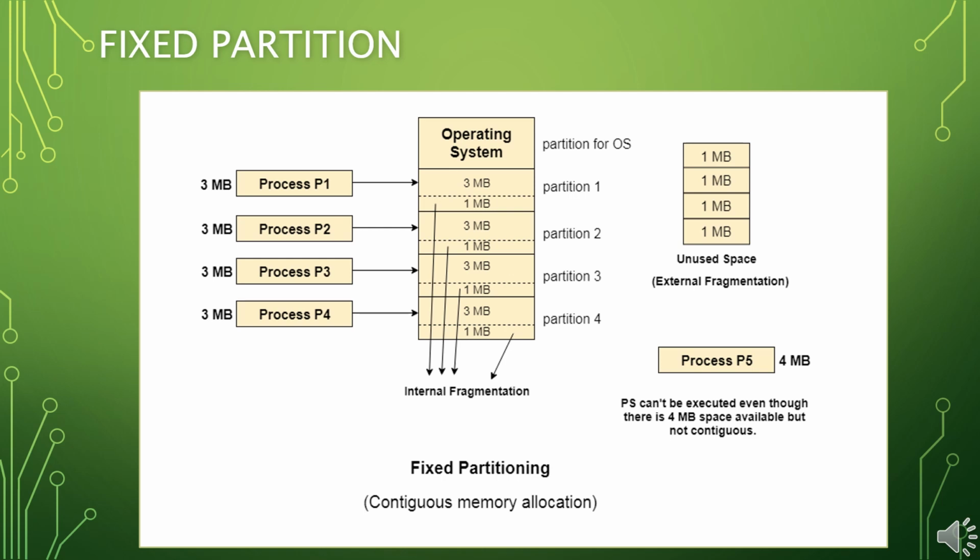Fragmentation basically means wastage of memory, and it is wasted internally in the partition, which is why it is called internal fragmentation. Process P5 cannot be assigned because of this internal fragmentation. Until all 4 processes get executed and leave the partitions, the next process cannot be loaded. So the first problem is internal fragmentation.